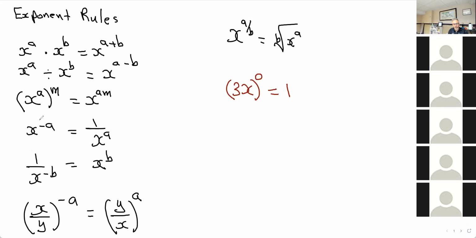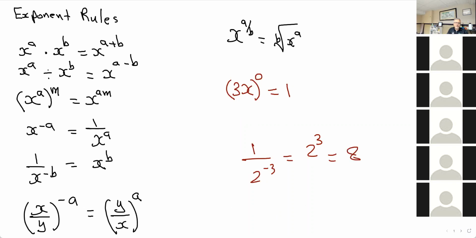It goes to the bottom for the exponent to become positive. By the same token, if the variable is on the bottom with a negative exponent, it will just jump to the top where the 1 is, and the exponent becomes positive. So if we have 1 over 2 to the -3, the 2 to the -3 goes to the top. So it becomes 2 to the 3. It gets multiplied into the 1, but anything multiplied by 1 is just itself. And then we have 1 underneath. We don't have to write that. So 2 to the 3 gives me 8.